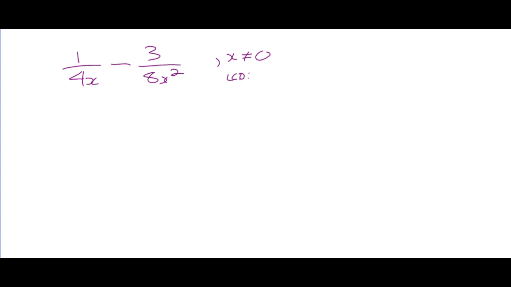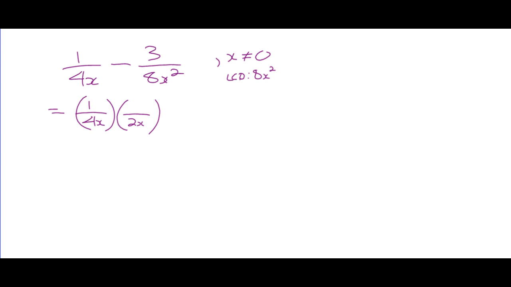So I'll give you a head start. X minus 3. Okay, so my lowest common denominator is going to be 8x squared, right? 4 and 8 both go into 8, okay?